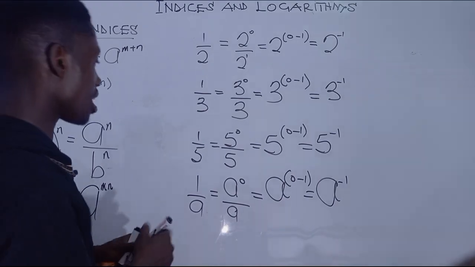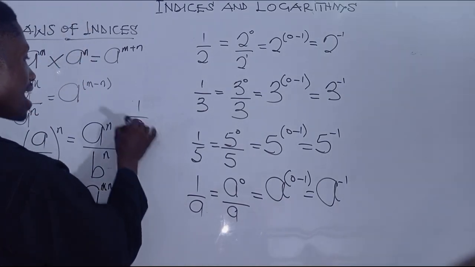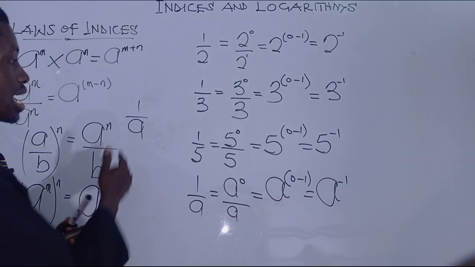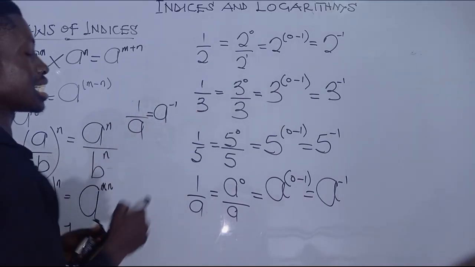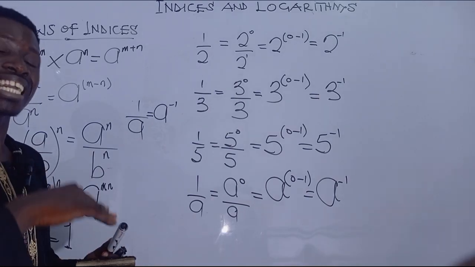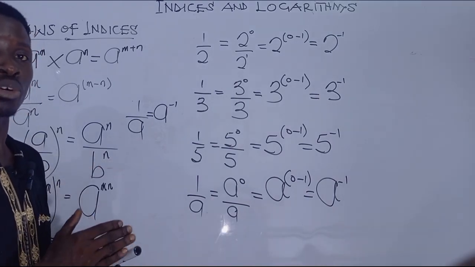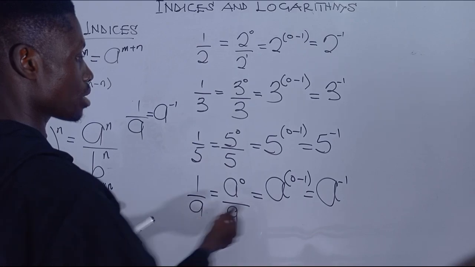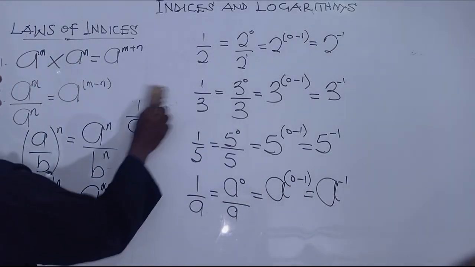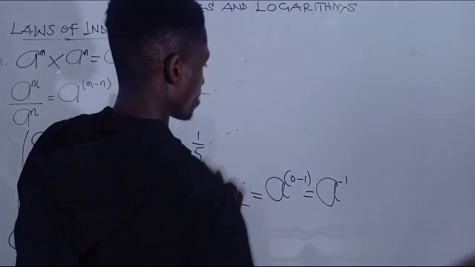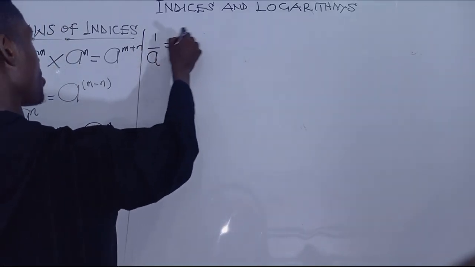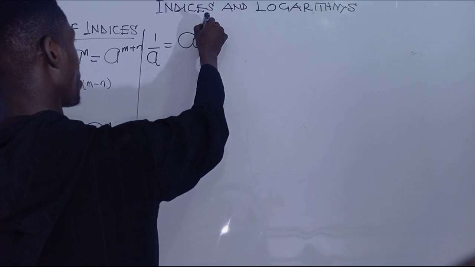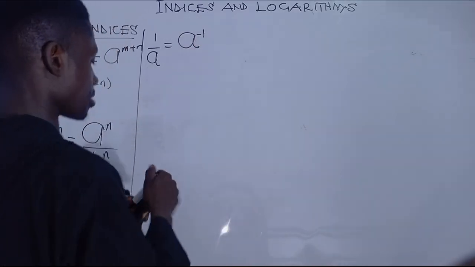So when you have 1 over a or 1 over any number, we can write it as a raised to the power negative 1, and we call this the negative index. So this is the second property that we are looking at: 1 over a can be written as a raised to the power negative 1.